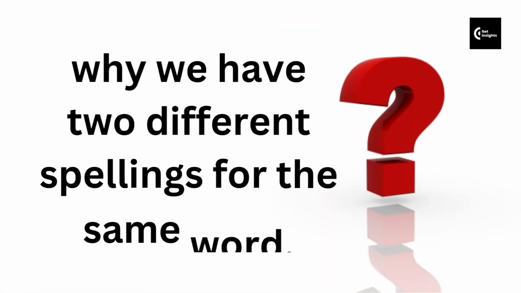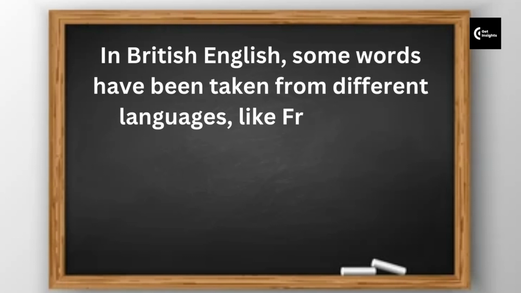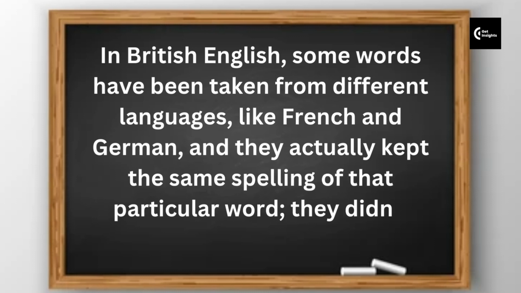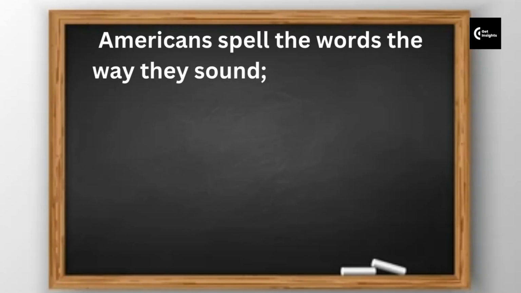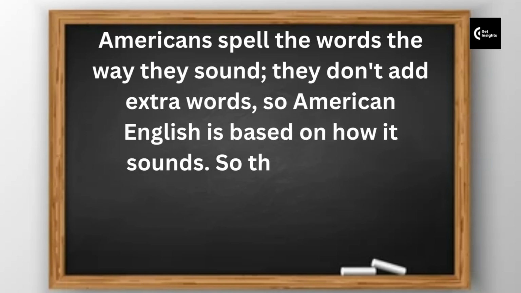Why do we have two different spellings for the same word? In British English, some words have been taken from different languages, like French and German, and they actually kept the same spelling of that particular word, they didn't change it. On the other hand, Americans spell the words the way they sound, they don't add extra letters, so American English is based on how it sounds.